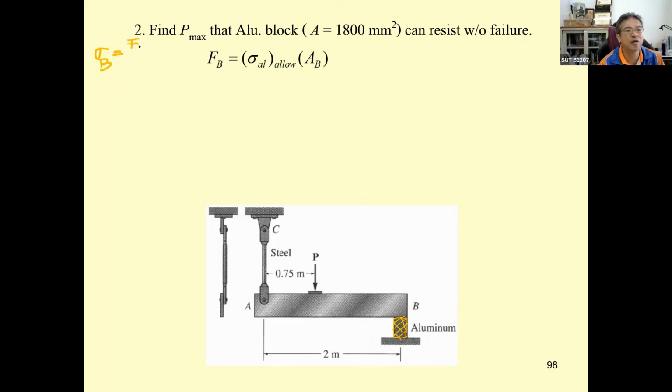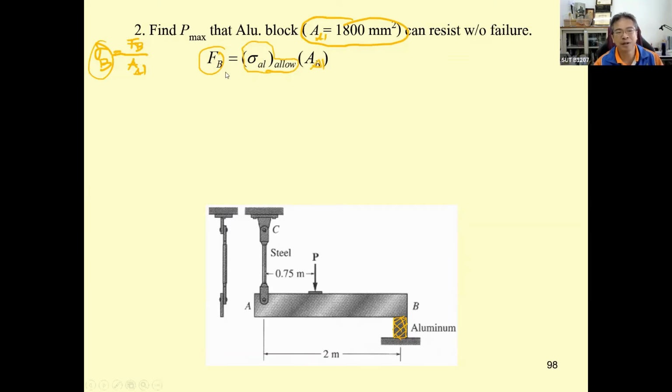The force over here is going to be F sub B divided by A of aluminum. So you may write it as F sub B, and then this one will change to the sigma allowable that we have, and this one is going to be the A aluminum.